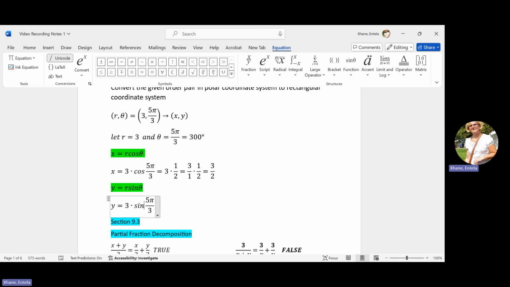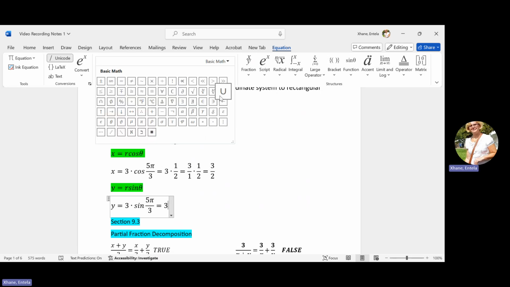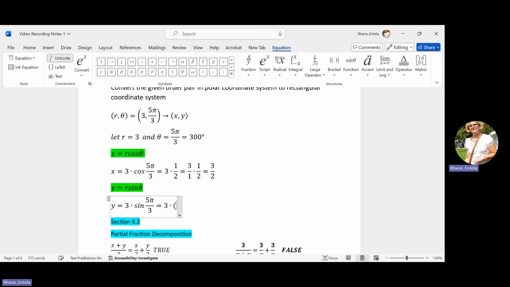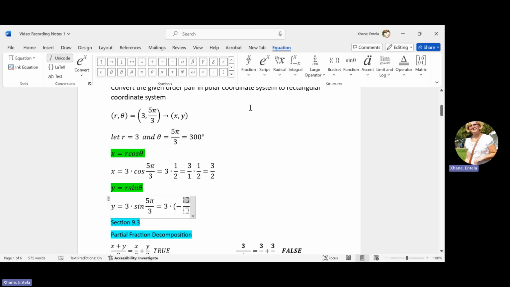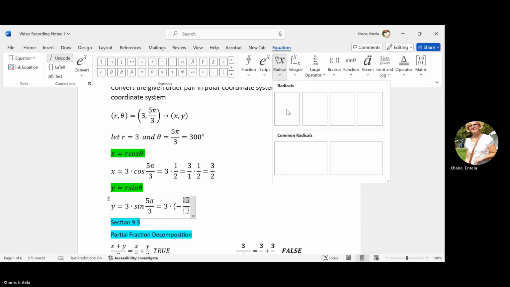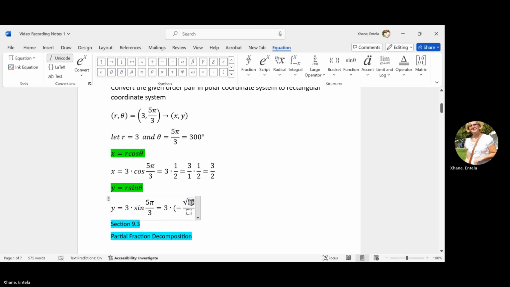But in the first quadrant for angle 60, sine is positive; in the fourth quadrant it is negative. So in this case, we are multiplying the number 3 by, using parentheses, a negative sign and square root of 3 over 2. The outcome has a negative sign because you multiply positive 3 by a negative number.